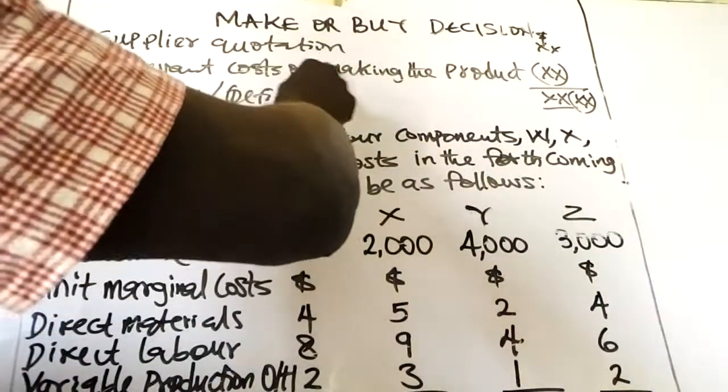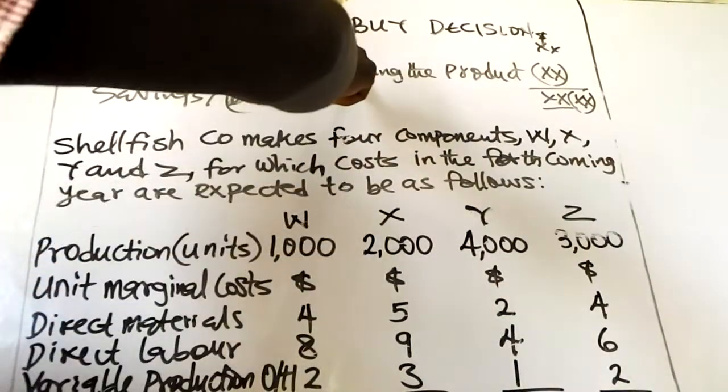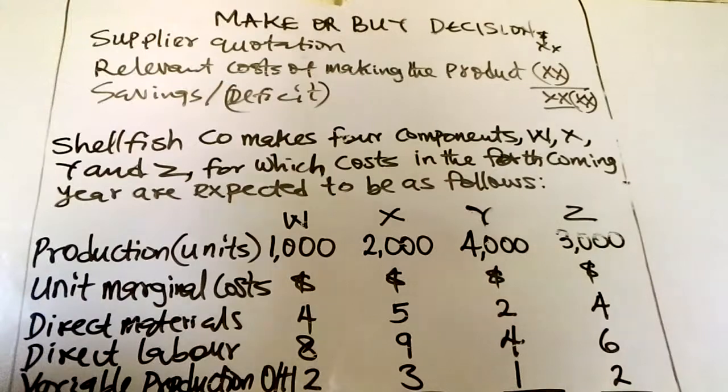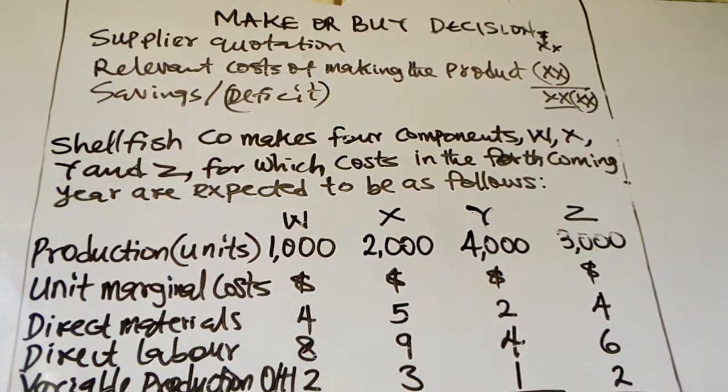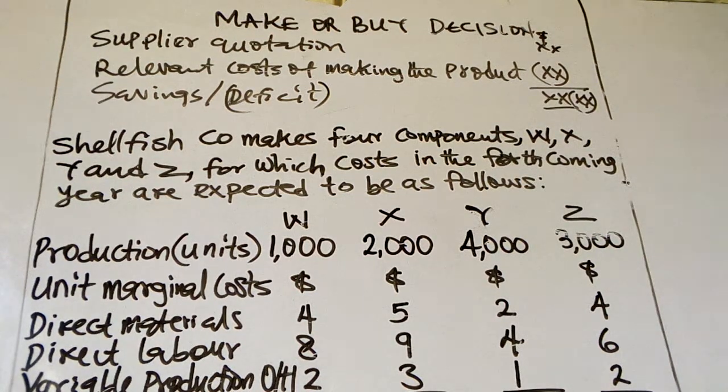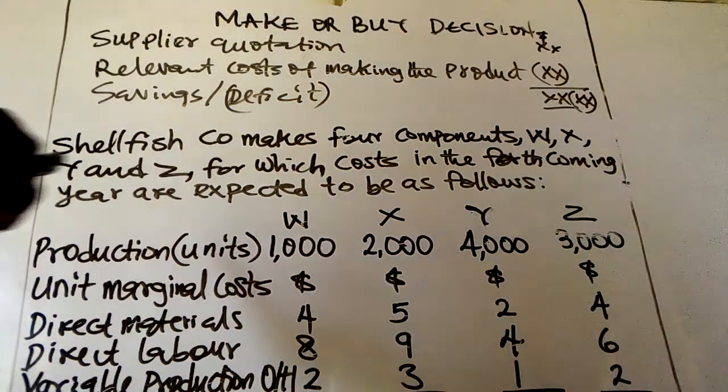And where the relevant cost of making the product exceeds the supplier quotation, then the product should be bought. So that is the decision involving make or buy decision.